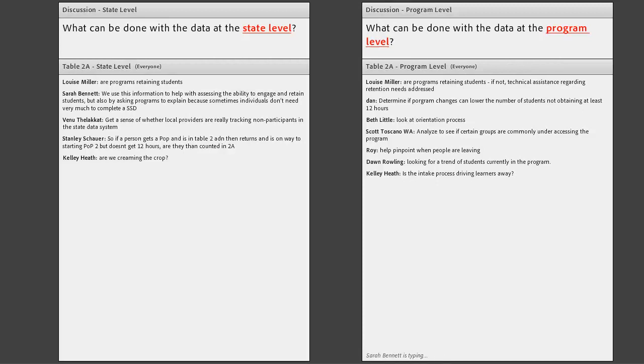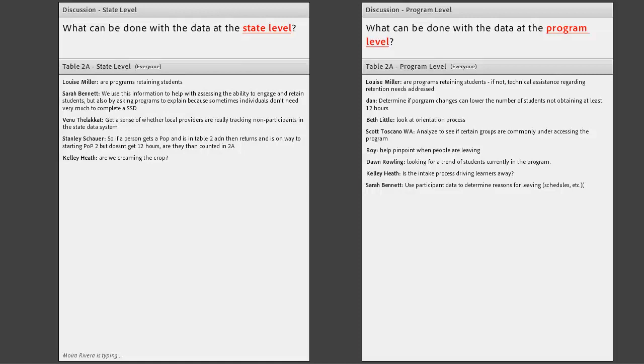Okay, at the state level, some of the responses are, as I said, whether programs are retaining students, assessing the ability to engage and retain, whether local providers are really tracking non-participants in the state data system.